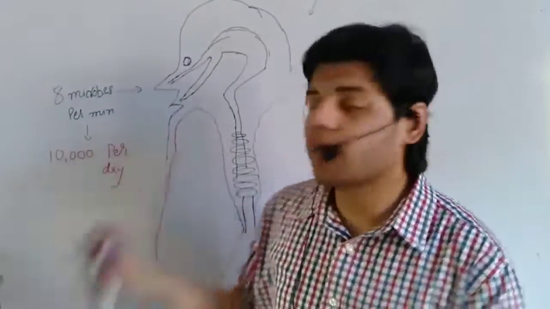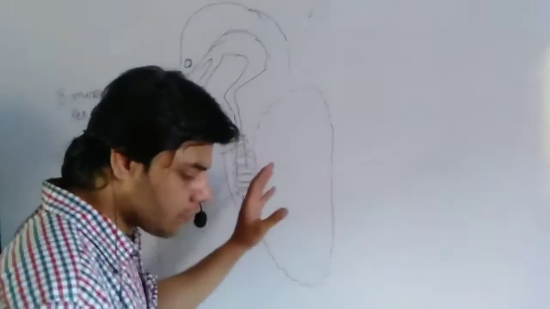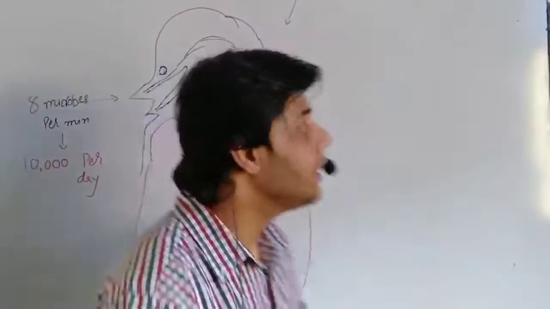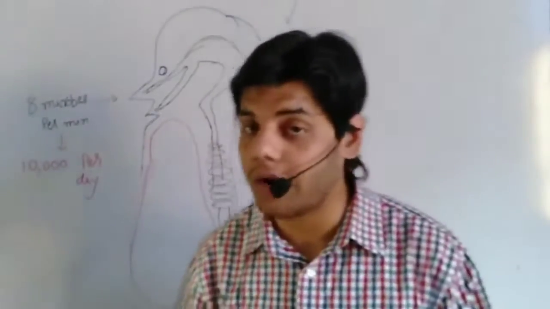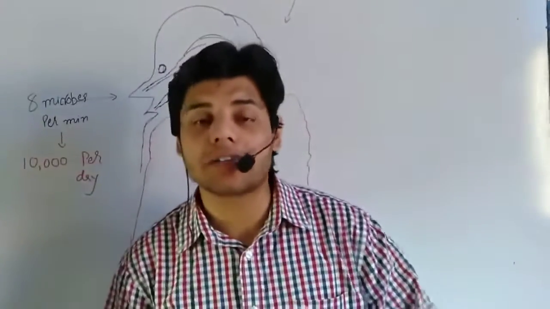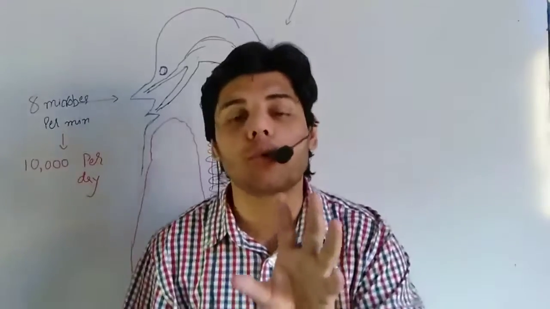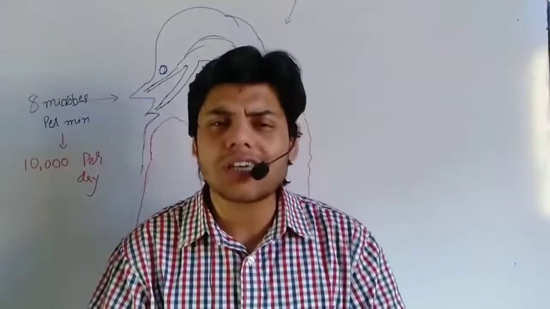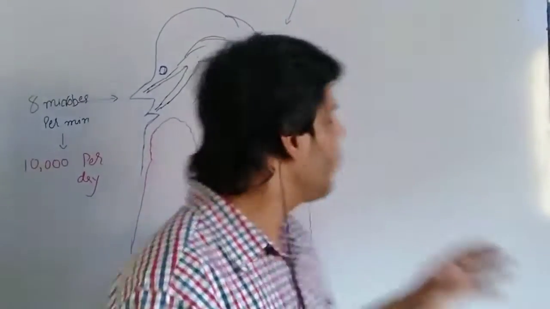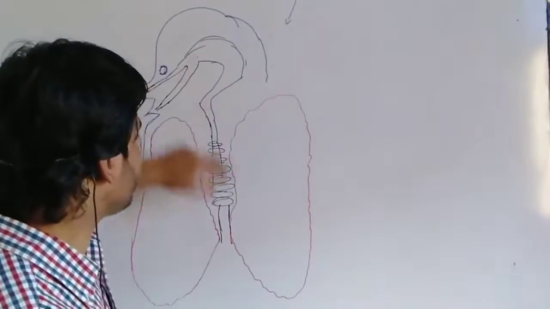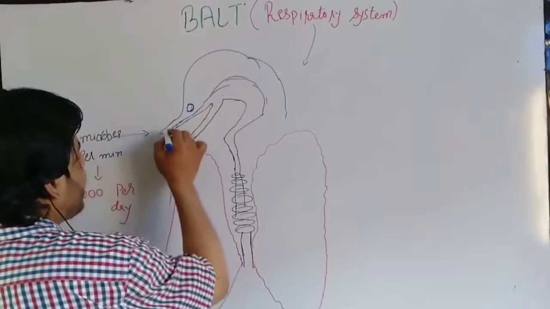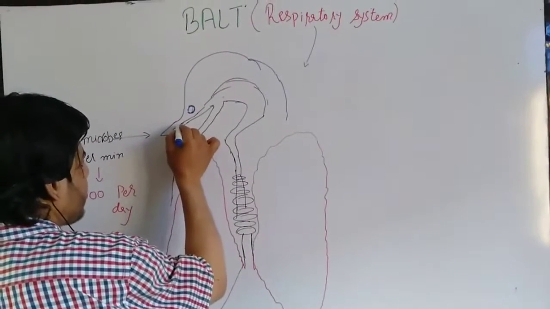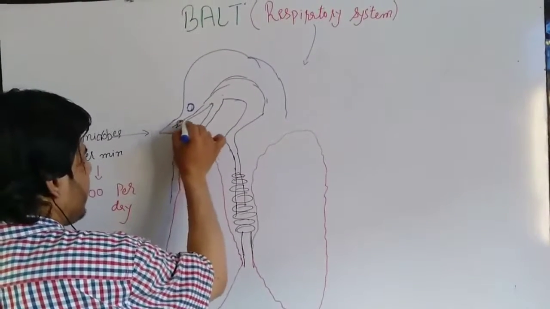Now once the microorganisms are inhaled, what actually happens is that these microorganisms need to multiply for their survival, and they need to attach on the sticky mucosal surface area, which is usually present in that specific area of the respiratory system.